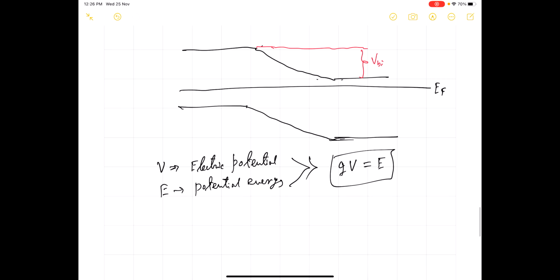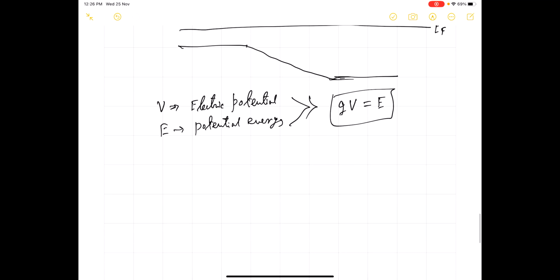So the potential energy here, because of this built-in potential, is basically Q into VBI. This is the potential energy which is there because of this p-n junction. Now what will be this energy?